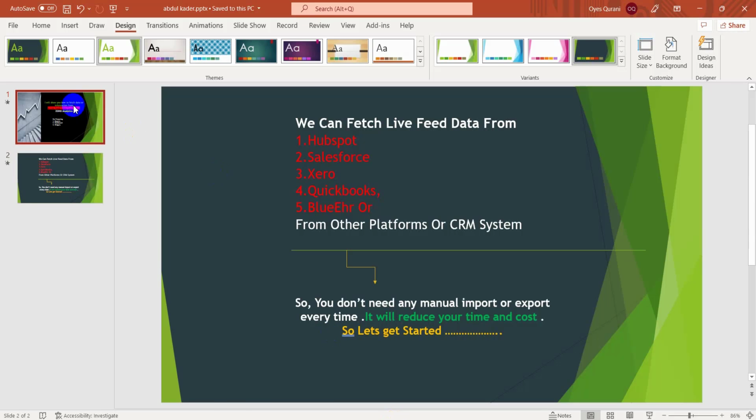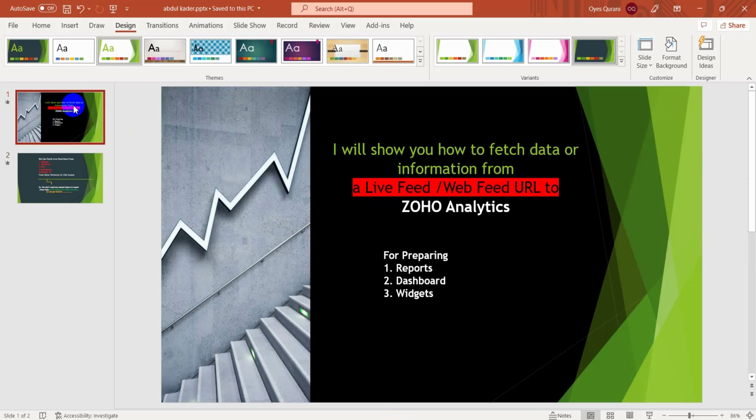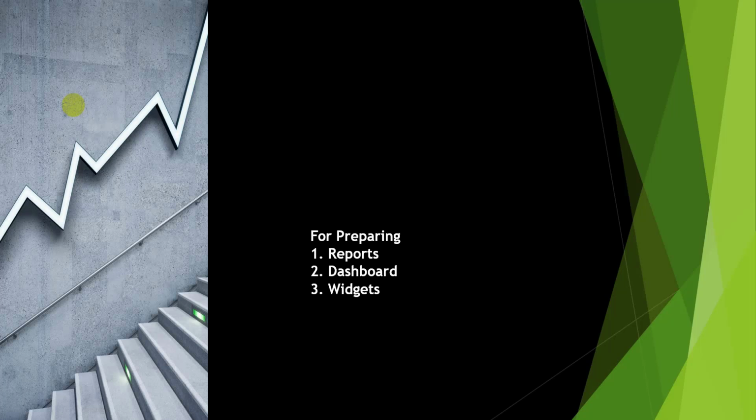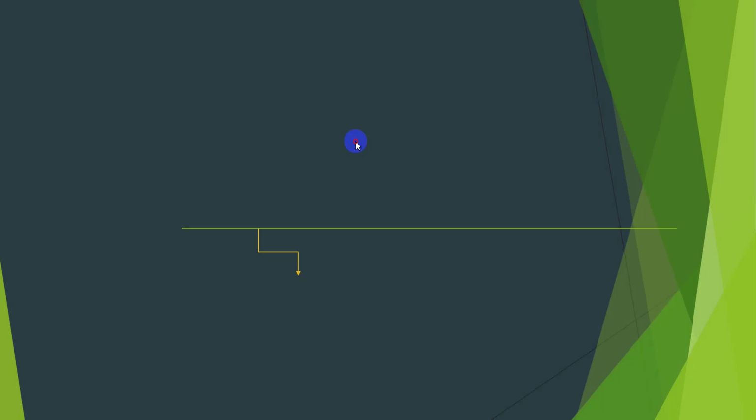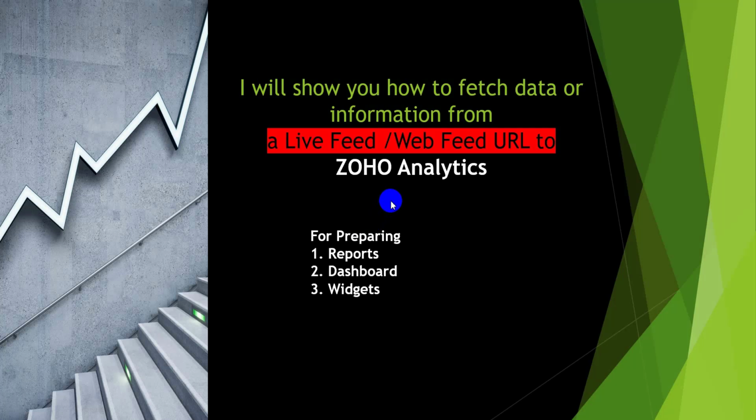Let's get started. Today, I will show you how to fetch data or information from a live feed URL to Zoho Analytics. The data from the live feed URL can be imported in real time, or scheduled, for example every 1 hour, in Zoho Analytics.